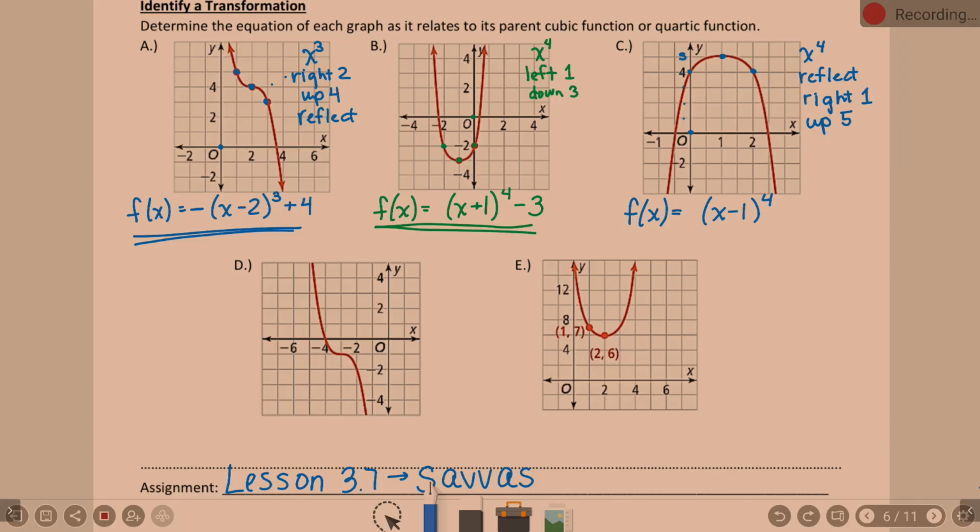Up 5 is plus 5 at the end. And I need a negative for a reflection. If you had to do any type of vertical stretch or compression, I don't remember if you do in the homework or not. If you do, that number would go right out front with the negative here. Okay?